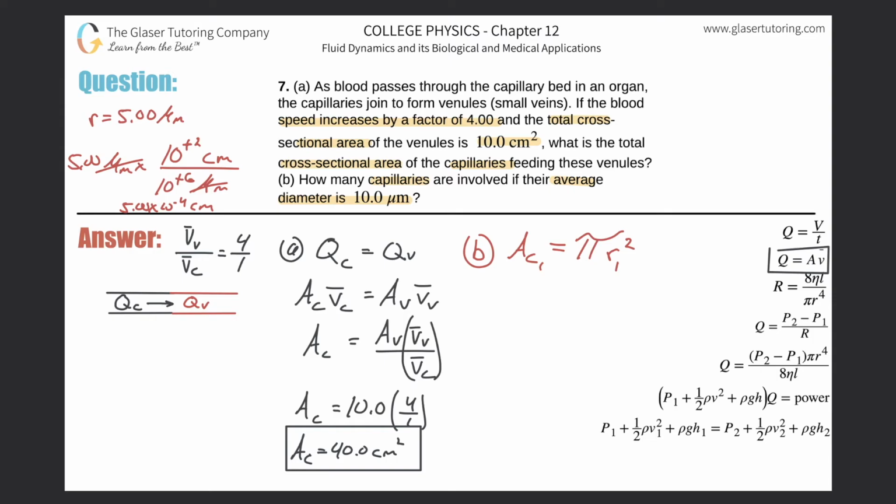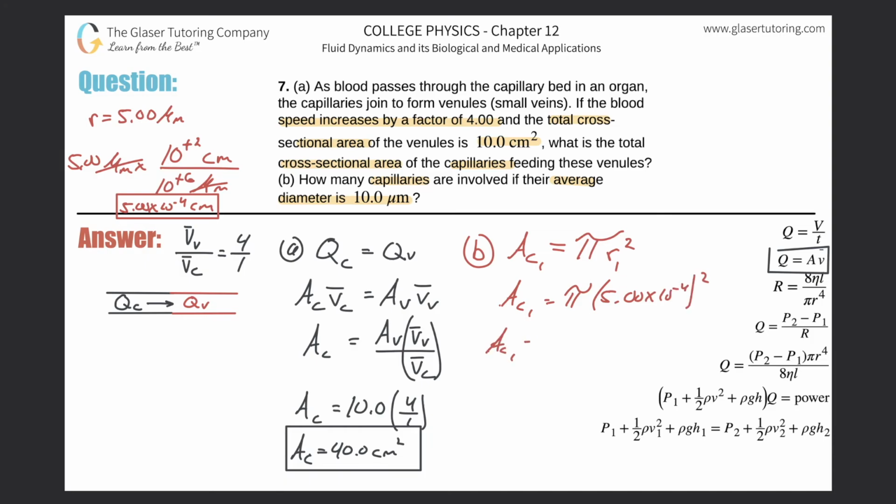All right, so let's now do this. I'll box that answer. Now I'm going to plug that in for my radius over here. The area of a single capillary will be equal to pi multiplied by 5.00 times 10 to the minus 4, squared.